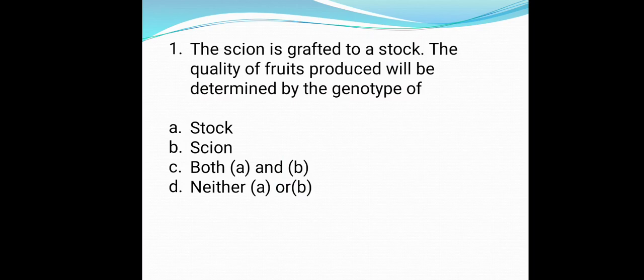The scion forms the vegetative part of the plant like stem, branches, leaves, flowers and fruits, while the stalk forms the root system which helps in the absorption of water and minerals from the soil. Hence, the quality of the fruits produced will be determined by the genotype of the scion. Answer is option B, that is scion.